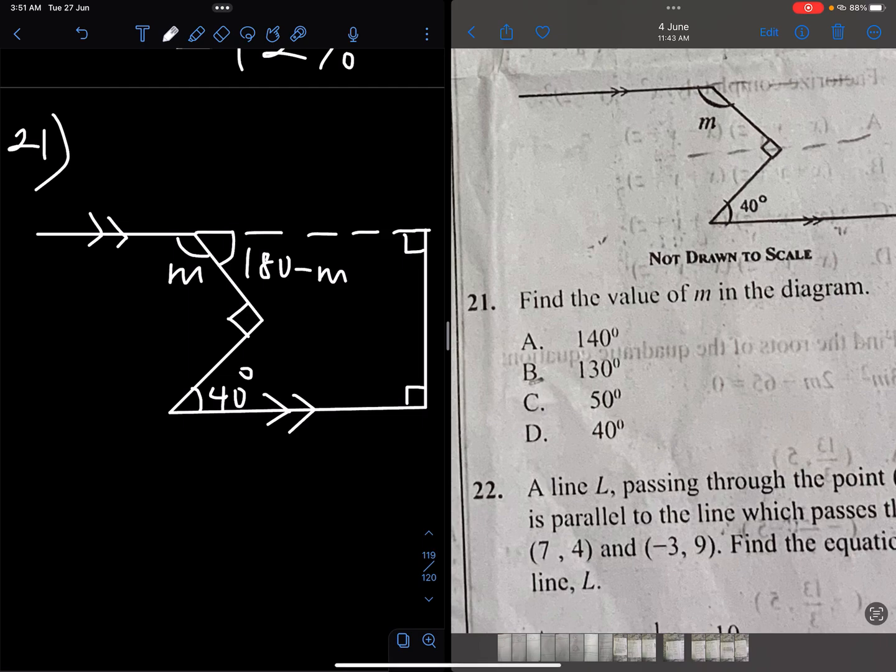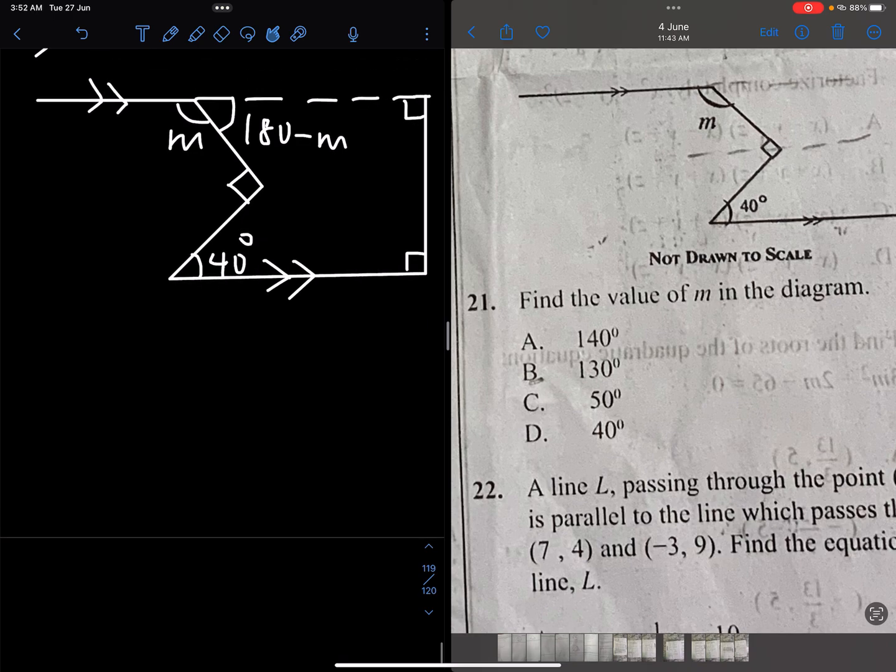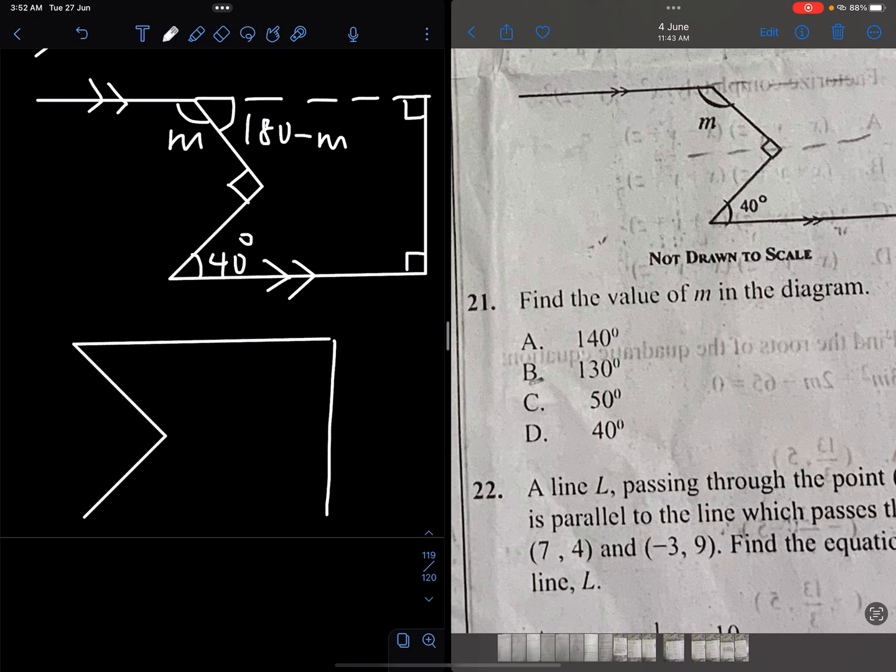So we want to now find M. I think I can bring the diagram out. This is what it looks like now. This is a polygon that has M inside it.